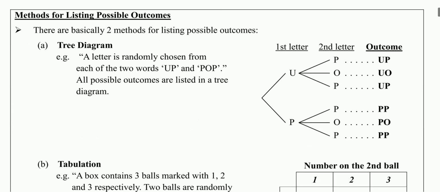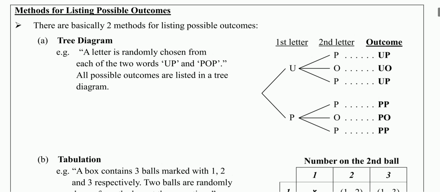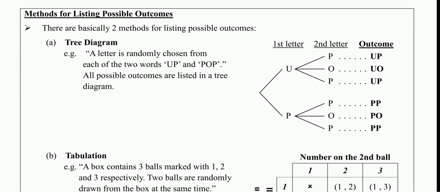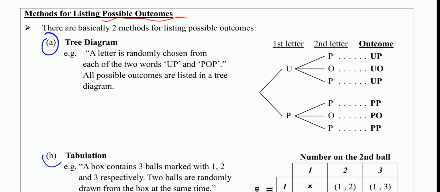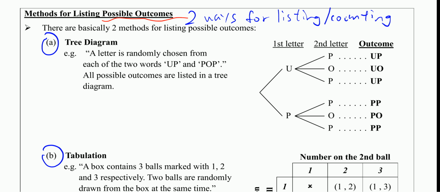Okay, just cross out anything and look here. This is about some more ideas for how to list your possible outcomes, so you can think of either A or B, two ways of listing or counting possible outcomes.